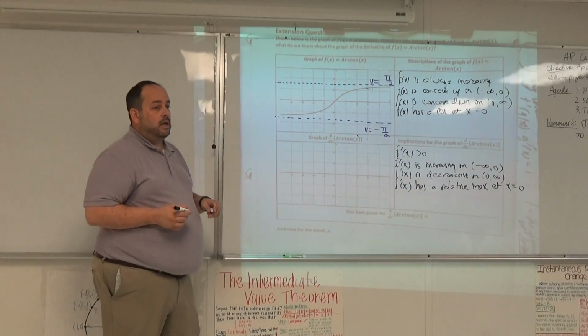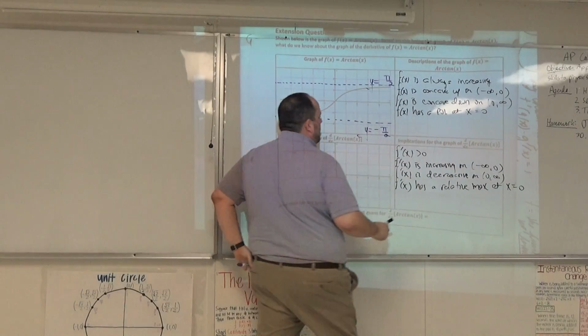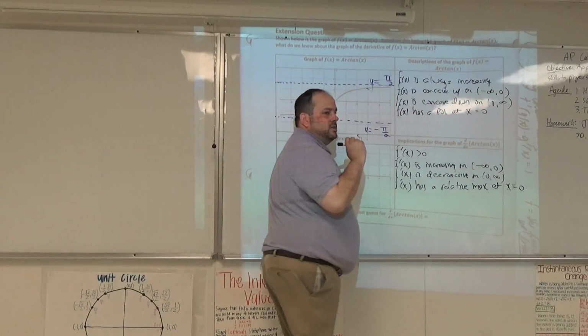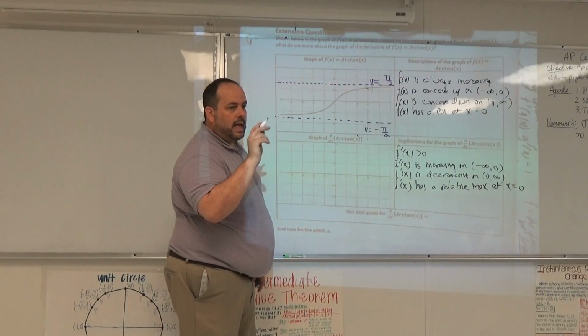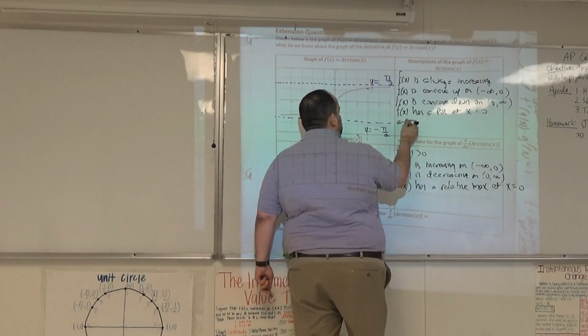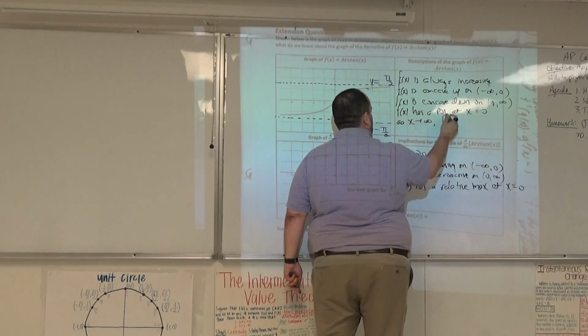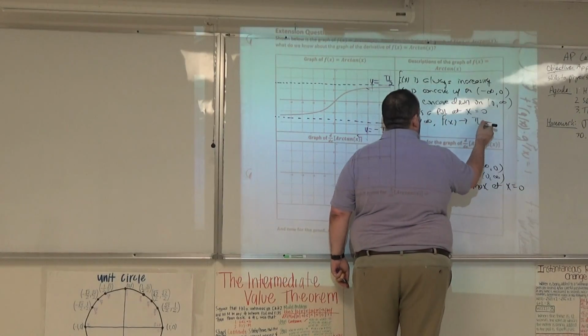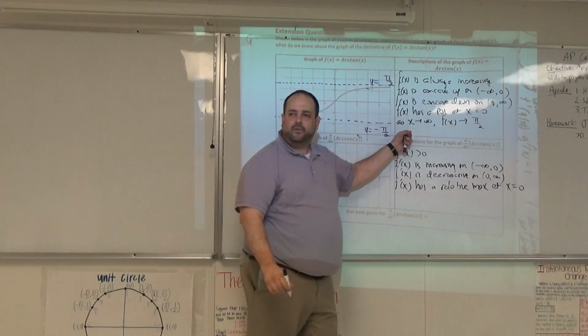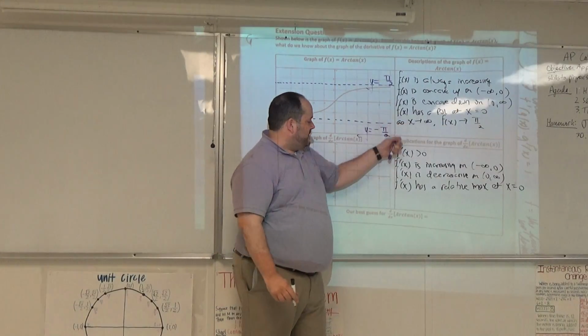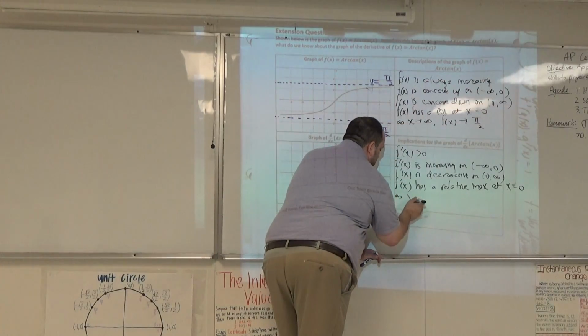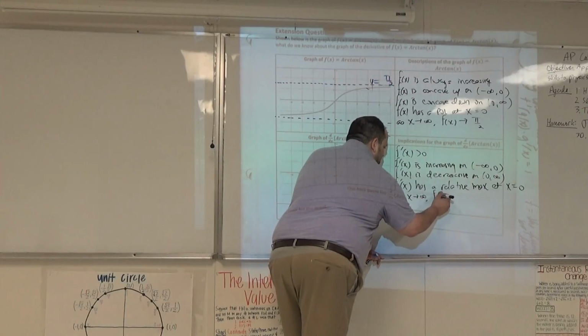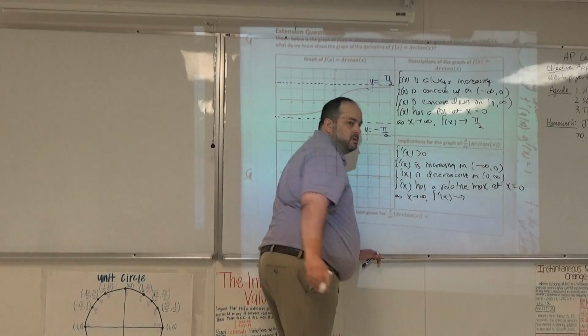f of x has a horizontal tangent line. Not horizontal tangent line. Asymptote. So I could say, like, as x approaches infinity, f of x approaches pi over 2. That's a way to write horizontal asymptote. If that's true, what's true down here? As x approaches infinity, f prime of x approaches 0.